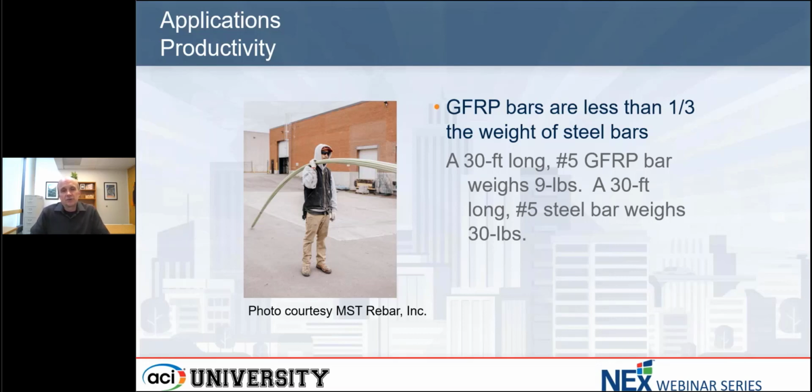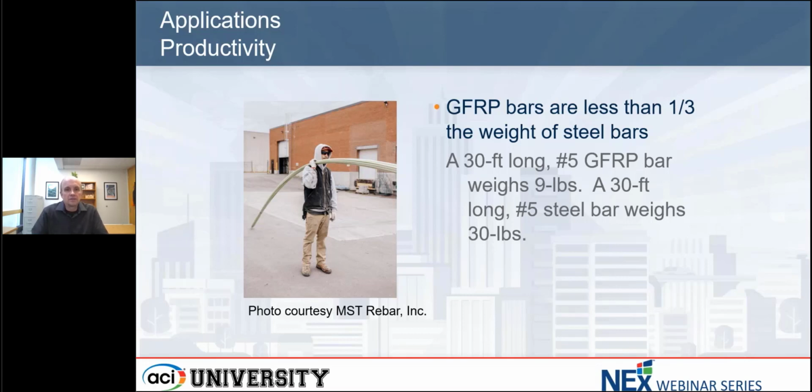I remember when I was first involved in the use of GFRP for reinforcing a concrete bridge deck, I remember the contractor placing the bar. He wasn't really concerned with the fact that the bar was non-corrosive and that it was going to extend the lifespan of the bridge. What he was most excited about was the fact that this bar was so lightweight, it was so easy to use.